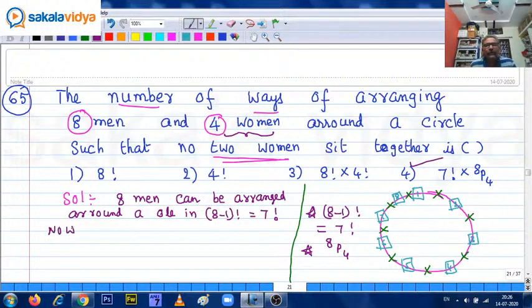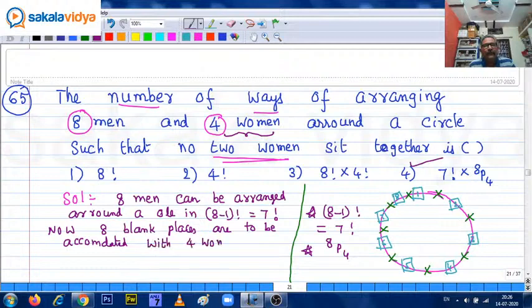Now 8 blank places are to be accommodated as per condition with 4 women in 8p4 ways.